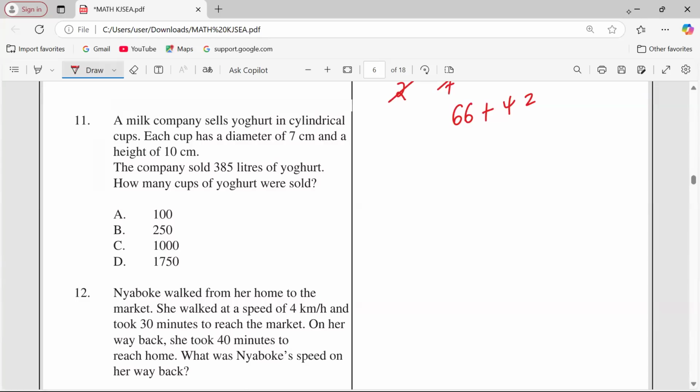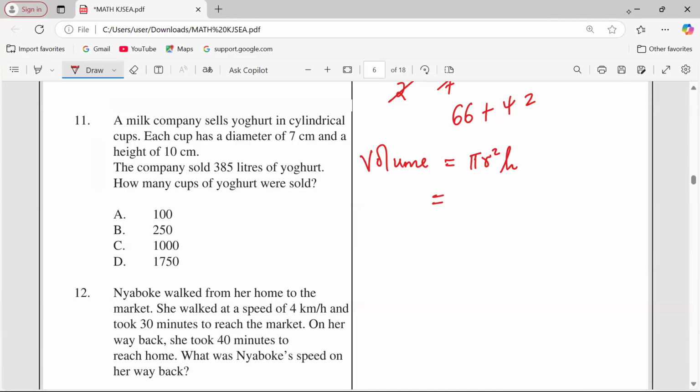So let's get the capacity of 1 cup of yogurt. We need to say that capacity will be given by, we get volume first, then we'll be converting. The volume of a cylinder is given by the cross-section area, which is circular, so pi r squared, then multiplied by length or height, that way.